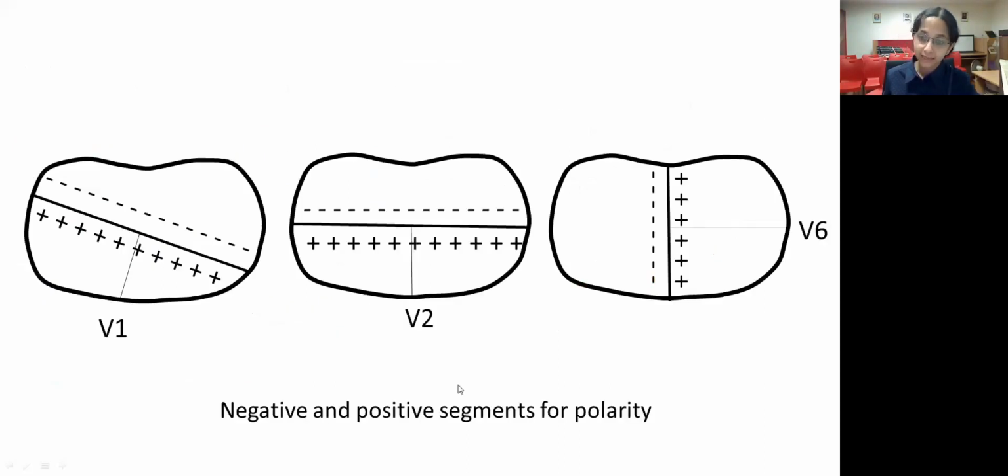We can define these segments for polarity in a similar way. For example, in V2, the front half is positive and the back half is negative. Whereas in V6, the leftward is positive, rightward is negative. And in V1, we have to cut it like this because V1 is directed like this. And this is positive, this is negative.